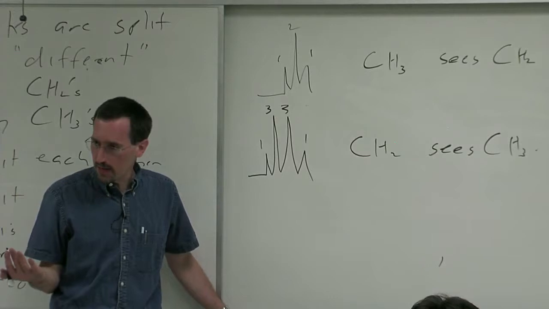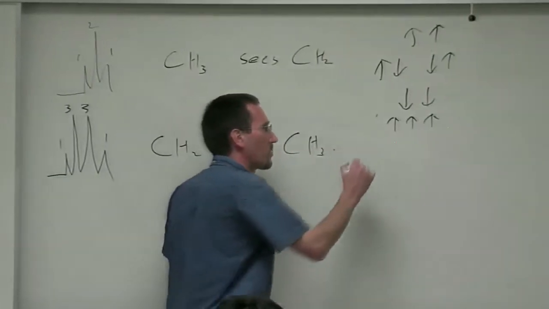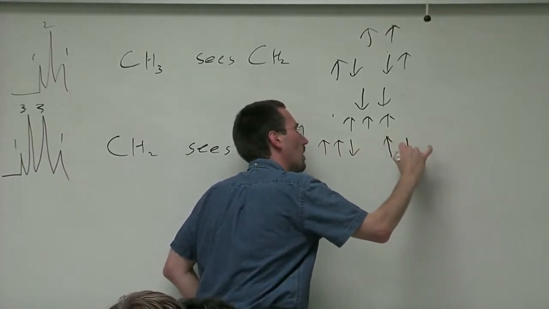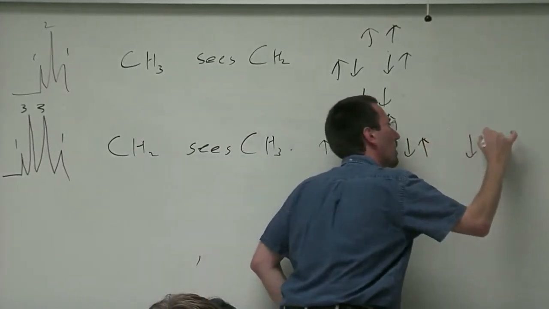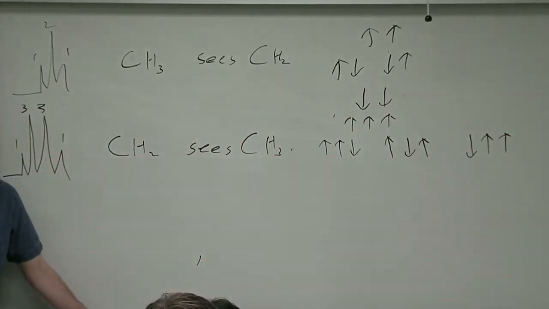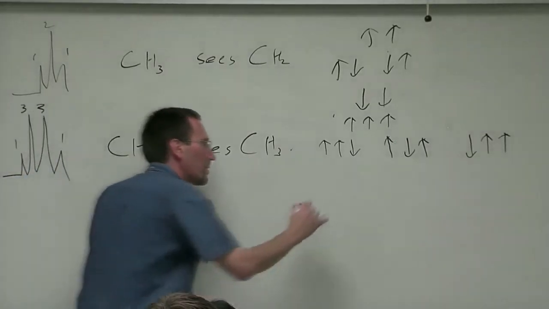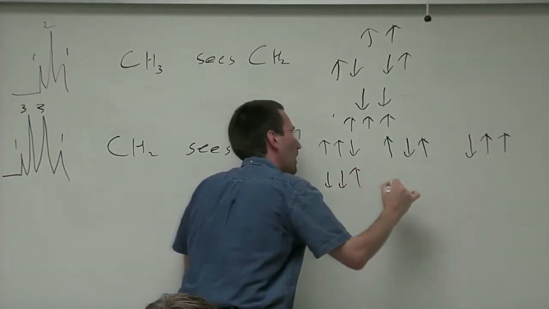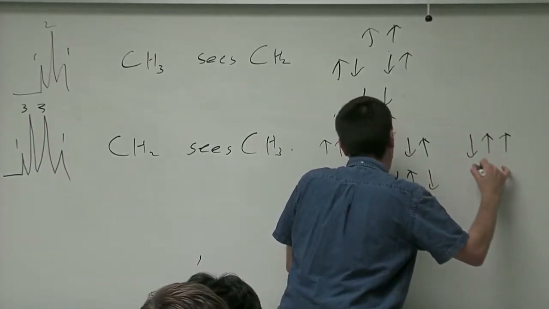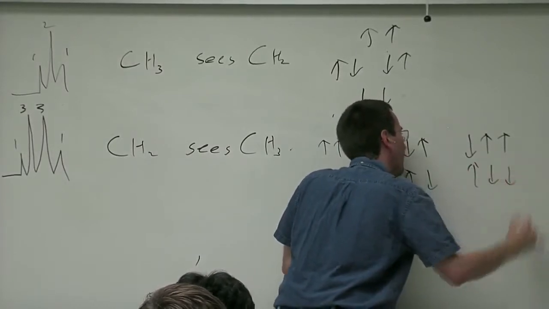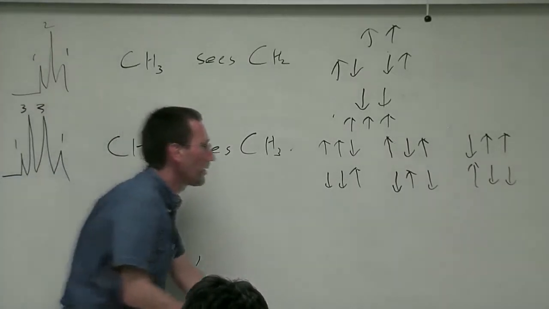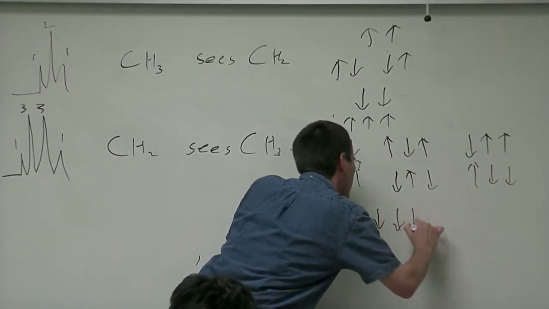Or 2 can be spin up, and 1 can be spin down, and there are 3 different ways that that can occur. Or 2 can be spin down, and 1 can be spin up. And again, there are 3 ways that can occur. Or they all can be spin down.